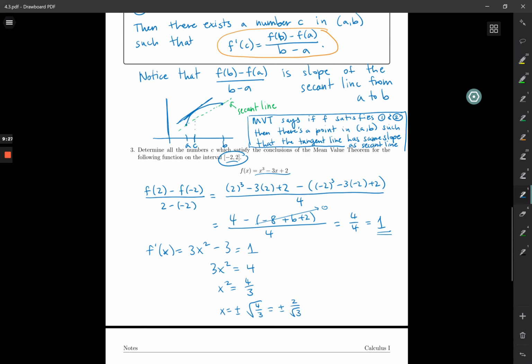So our answer will be that we could take c to be positive 2 over root 3 or negative 2 over root 3. Okay. And then lastly, we have one more theorem that we will go over in the next video.